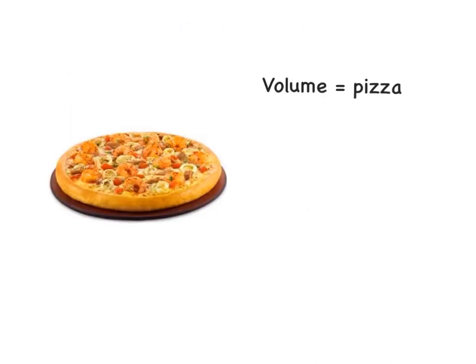I will show you another way to remember this formula. Volume equals pizza. Let's say you have a delicious pizza here, and we mark the radius in the middle, but instead of r, let's name it z, and the thickness of the pizza, let's name it a.